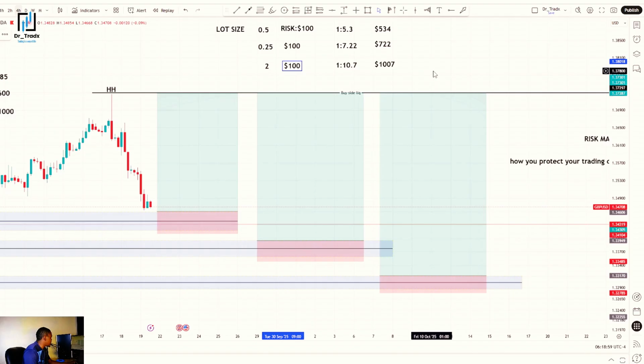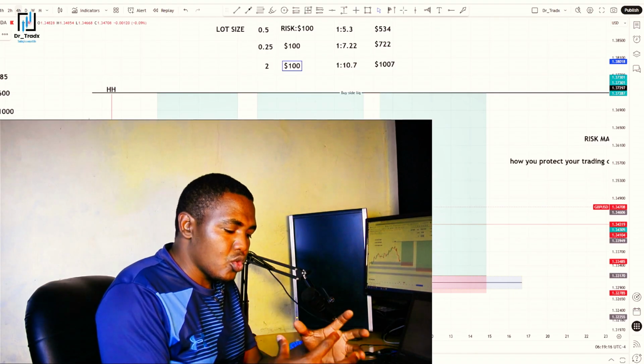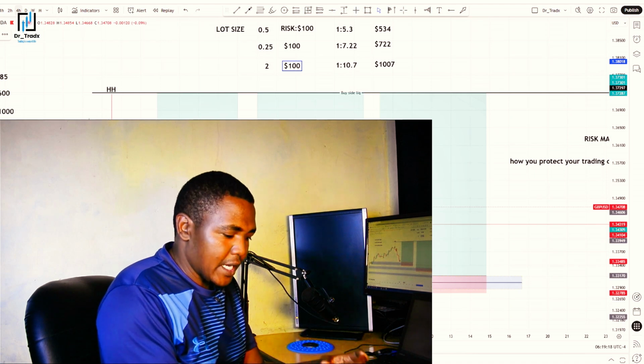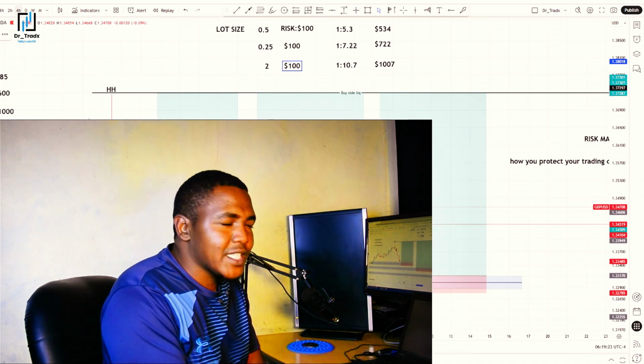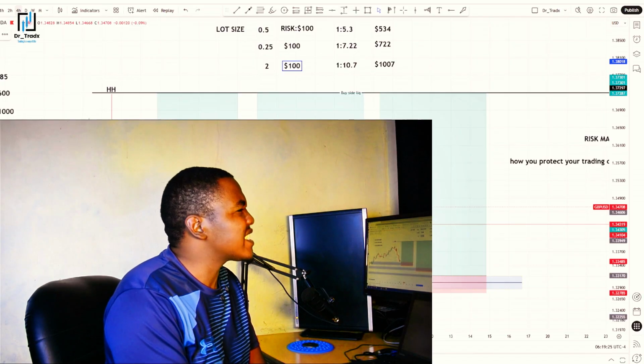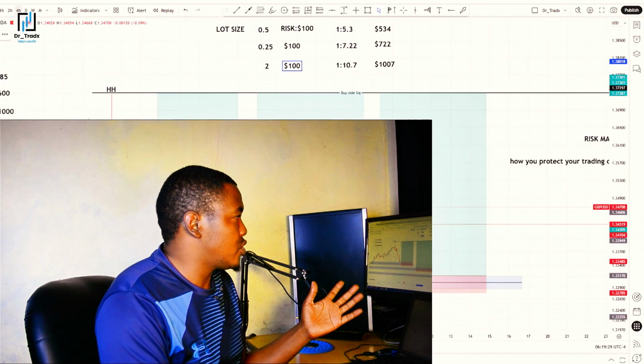And remember, all this is just because you are looking to minimize risk and protect your capital. Like I always say, your capital is the king. Protect it at any cost. So this is what you're going to do.